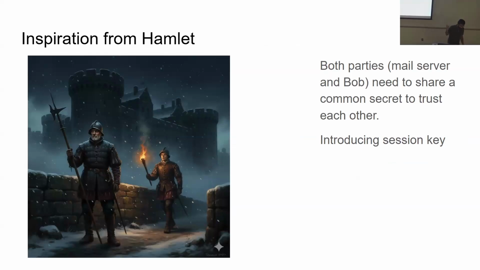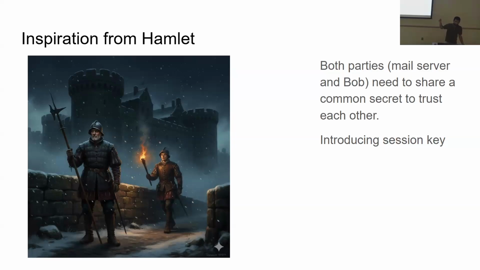There's a guard named Francisco who was relieved by Bernardo. But how would Francisco know that the person who's coming in is actually a guard who will be taking his place and not an enemy, right? There should be some sort of mutual secret which would be shared between both these parties, right?